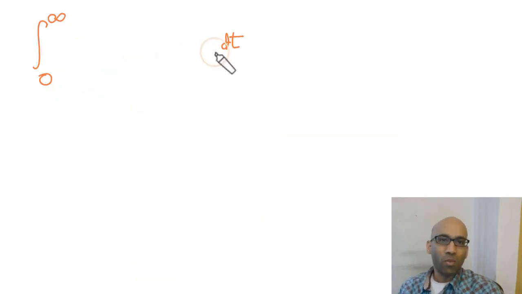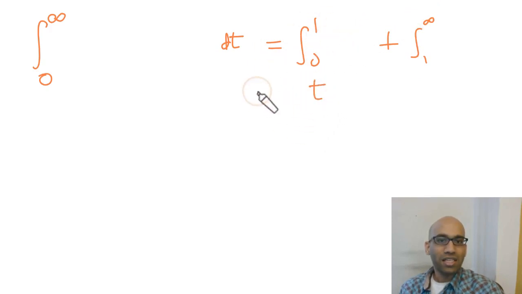Let's summarize this problem one more time. We had an integral from 0 to infinity, which we broke as 0 to 1 plus 1 to infinity. And then we substituted whatever was inside. We substituted t to be 1 divided by t. And so the bounds became from infinity to 1, and you have a negative sign because of the substitution, and so we reverse this to get 1 to infinity.